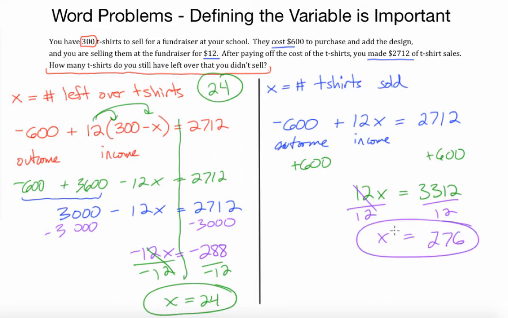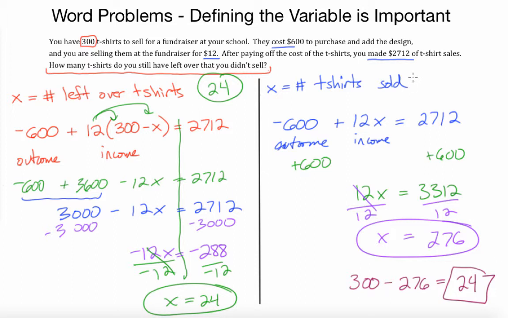Now notice I've solved for x, but I'm not really done. I have to go back to what I defined x to be. X is the t-shirts sold, and I've got one more step to do, right? I've got to actually think, okay, there were 300 altogether, so let's subtract the 276 shirts I sold, and there's 24 left over.